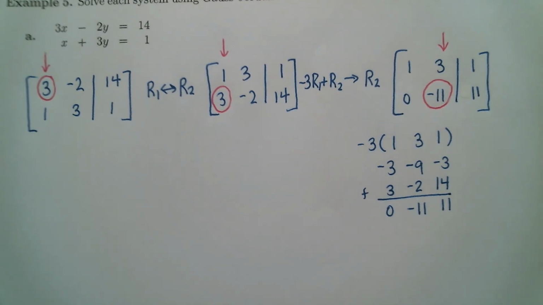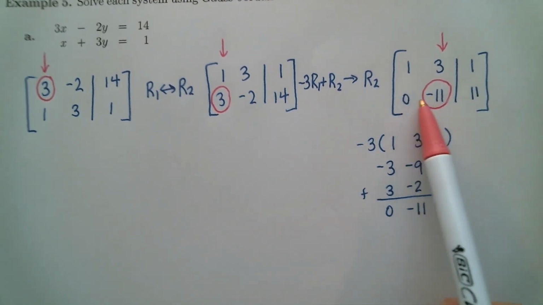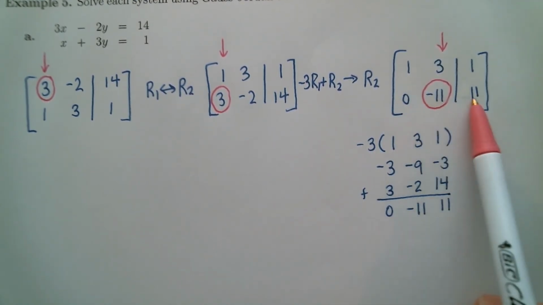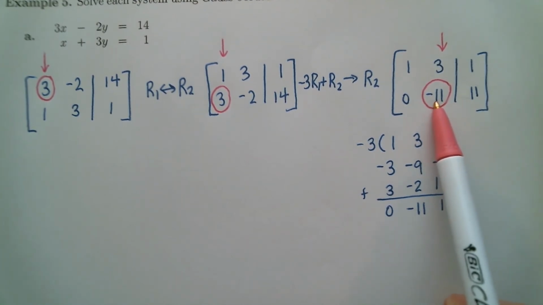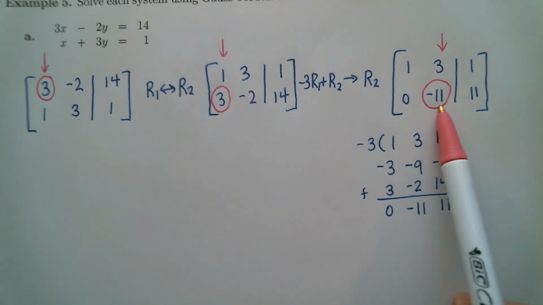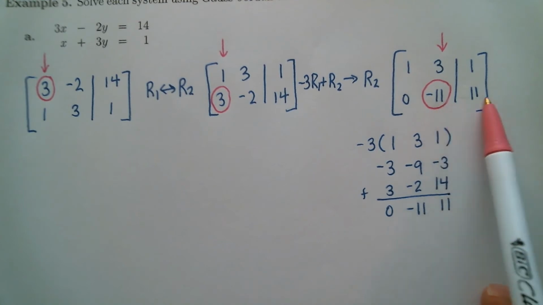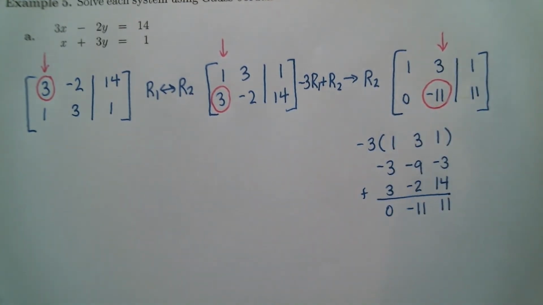The easiest way to do that: if you look at this row, all of these numbers are divisible by 11, or -11. The easiest way to get a 1 right here is to divide by -11. -11 divided by -11 is 1. So we're going to take this whole row and divide by -11. Let's go ahead and do that.